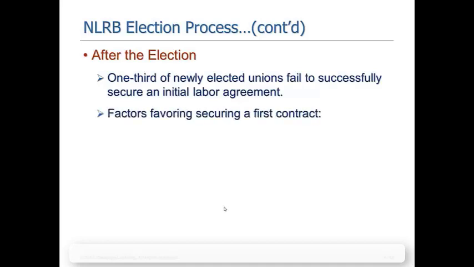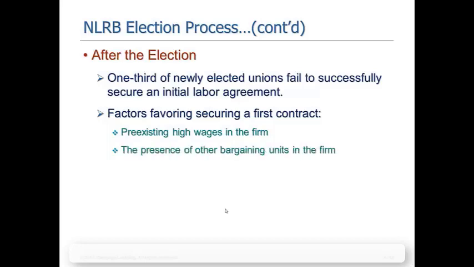There are some factors that will contribute to securing first contracts successfully. So if the organization already offers high wages, then oftentimes the first contract is not as difficult to establish.